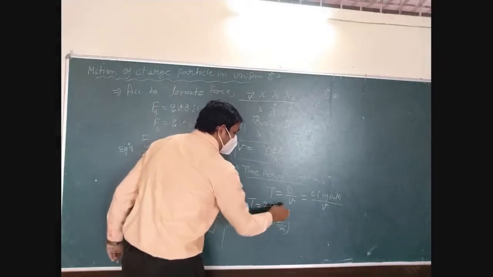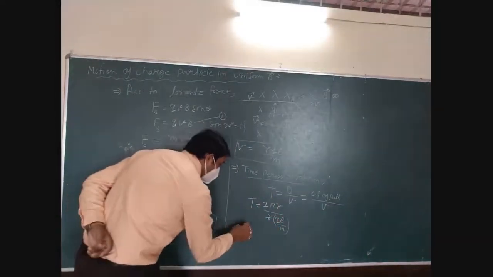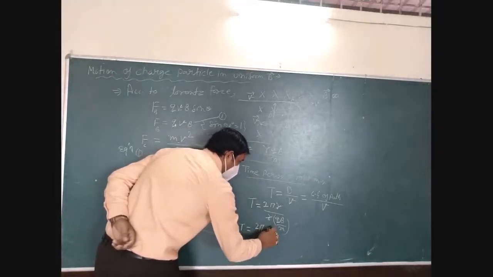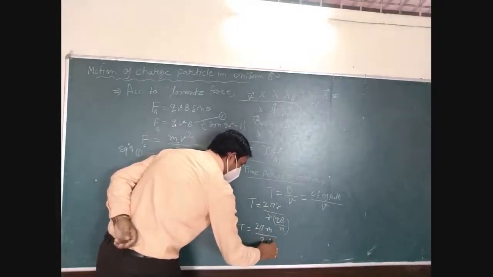Now r is cancelled and the time period of rotation is 2 pi m upon qB.